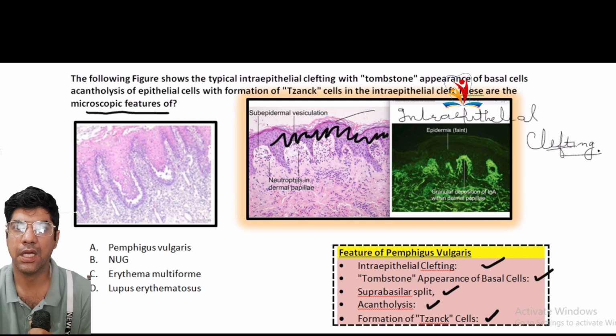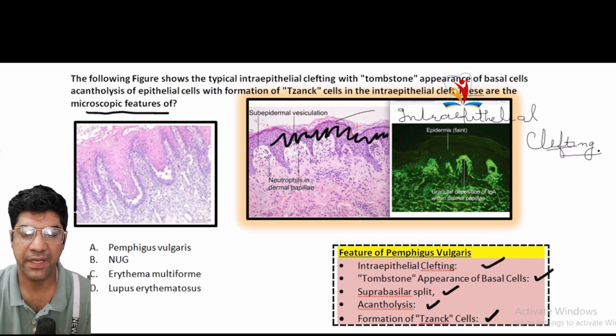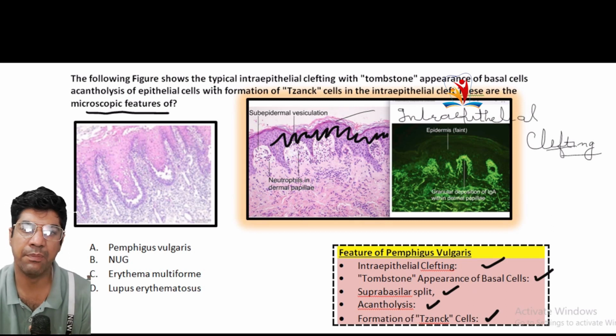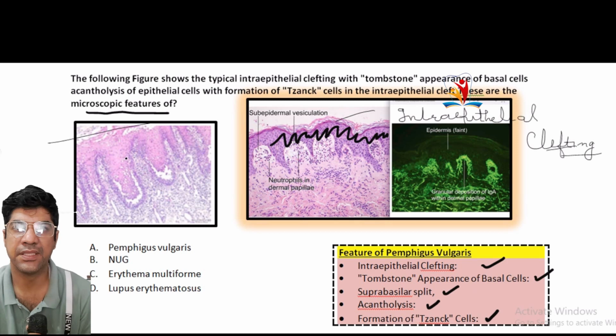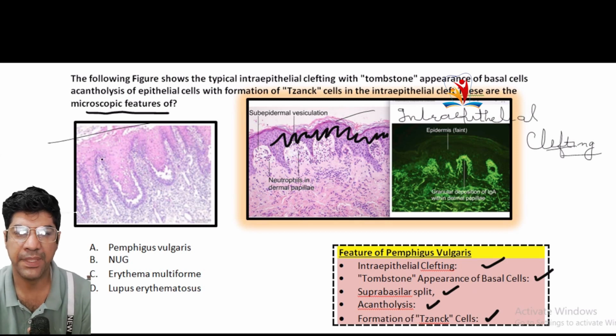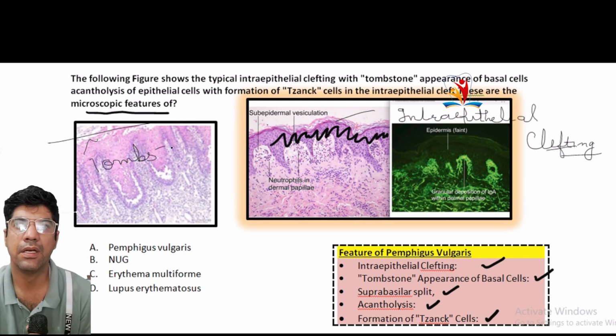So in pemphigus vulgaris, what you will see is a suprabasilar split, meaning the separation occurs above the basal cells. And the remaining basal cells may appear like a tombstone.